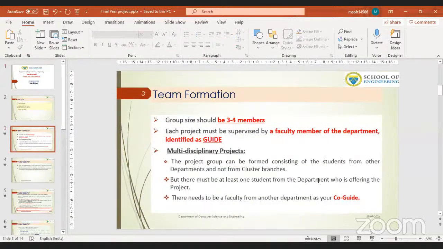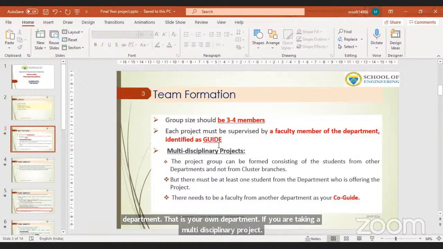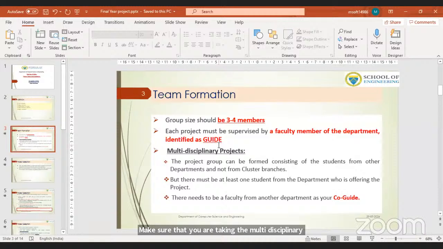So for the team formation, as sir has told, we can have 3 to 4 members, and there has to be one faculty from the parent department, that is your own department. If you are taking a multidisciplinary project, make sure that you are taking it with other teams, but not the cluster branches.